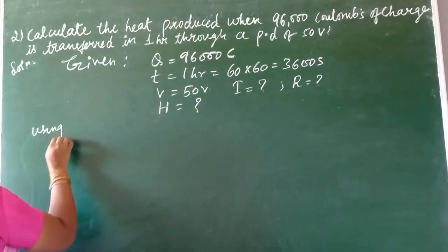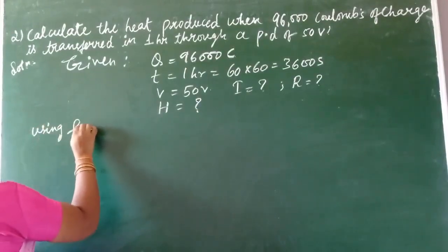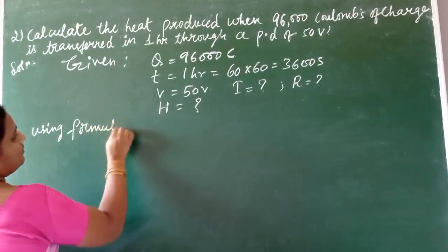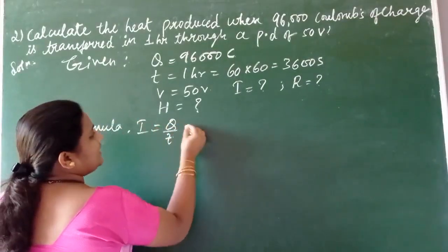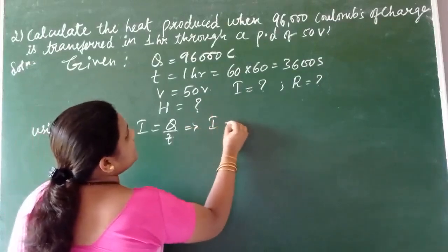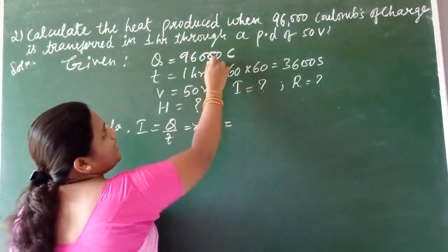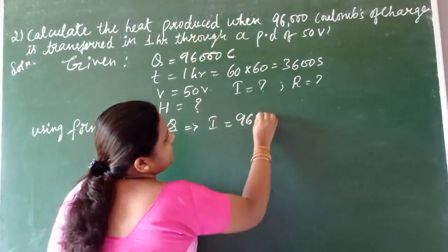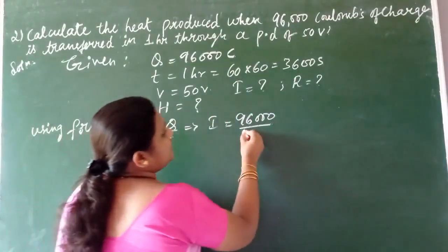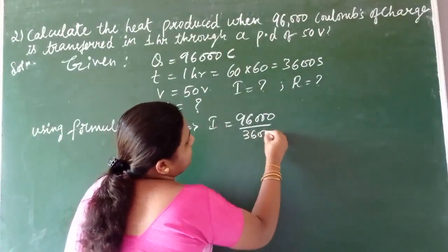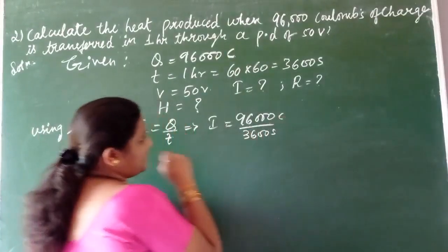Using the formula I is equals to Q divided by T, implies I is equals to, what is the Q value, children? 96,000 divided by T, which is 3600 seconds. Isn't it, children?